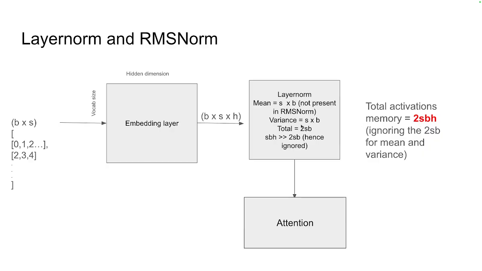Also, one more thing to mention is if you have RMS norm instead of layer norm, then you don't have this mean component, so only the variance is SB. RMS norm gets rid of the mean part.